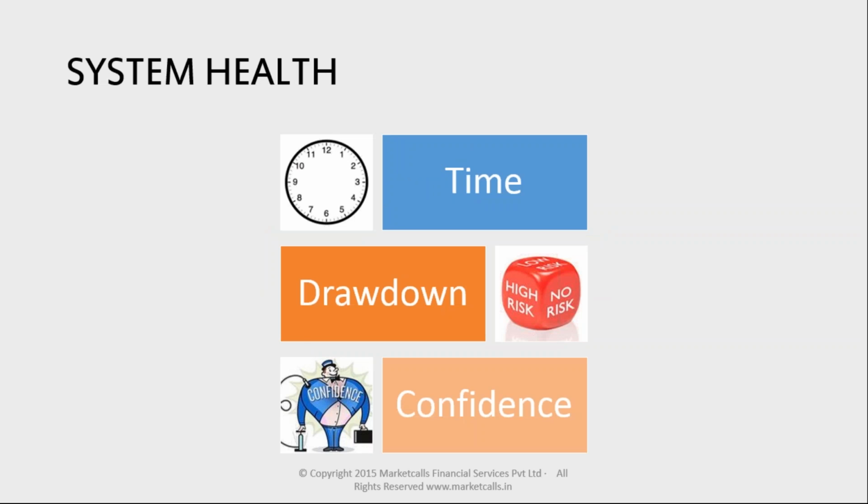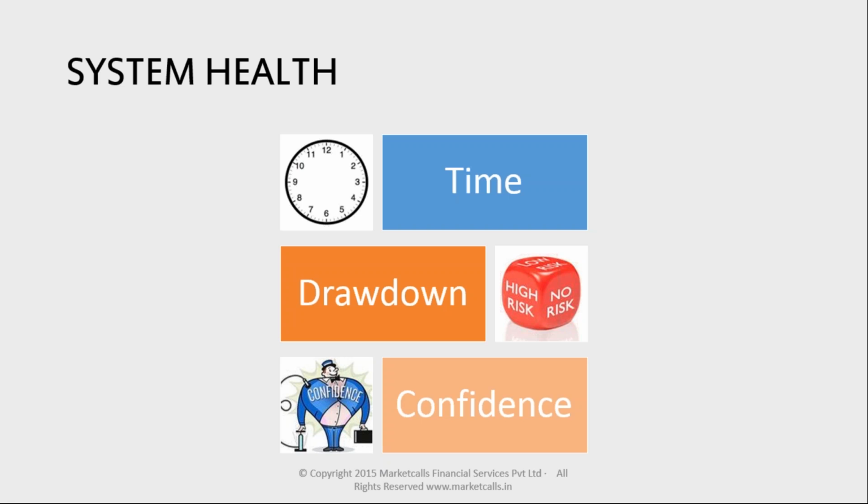So system health, you have to monitor the system health from time to time, and your time frame defines system health. What is your holding time period, and how long are you going to monitor your system health? If your system health is going to deteriorate for some 4 to 5 days, what sort of action are you going to take?